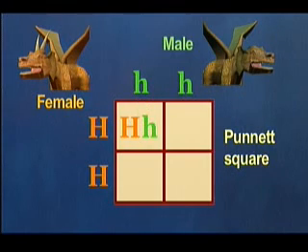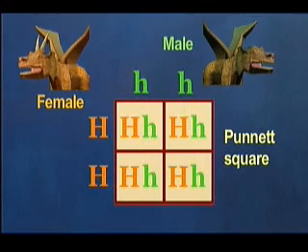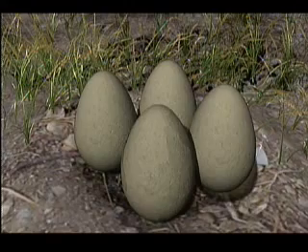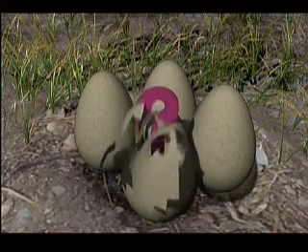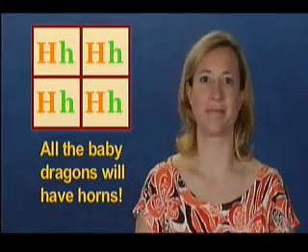The top right square also gets a capital H from the mother and a small h from the father. In fact, all the squares get 1 capital H and 1 small h. So what will all the children of these two parents look like? Do they have horns or don't they? Well, since the capital H is the dominant allele, all the baby dragons will have horns.